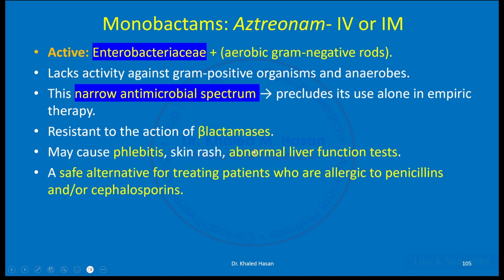Okay, the next medication we have here is the monobactam. We have one medication, azithromycin, active against Enterobacter plus some gram-negative rods. This medication lacks activity against gram-positive bacteria. It is mainly active against gram-negative rods, especially Enterobacter.